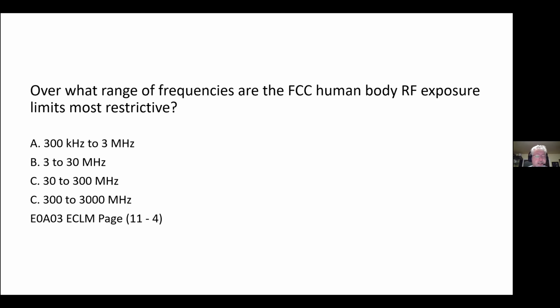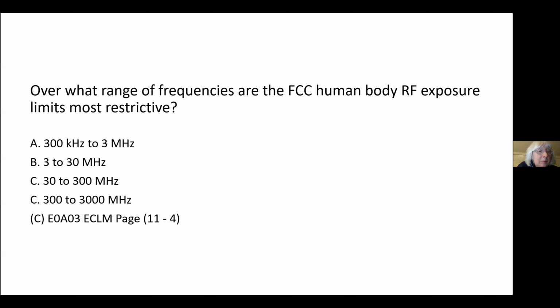Or another C, which is really the D, 300 to 3,000 megahertz. Gotta fix that one. The first Charlie. Okay. Oh, here we go. Correct answer is the first Charlie.